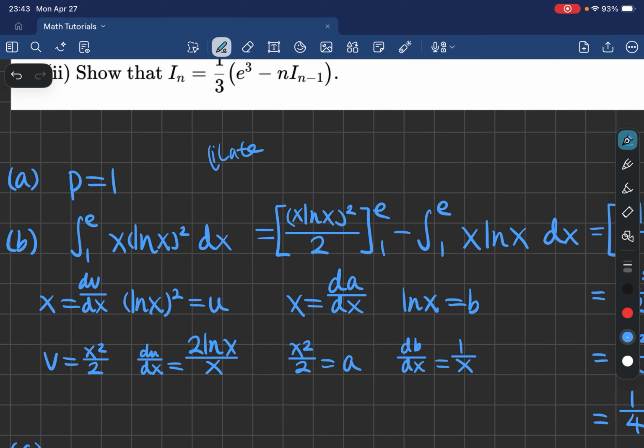This is inverse trig, log, algebraic, trig, and exponential. So here we have ln x and x, so we should set ln x to the power of 2 equal to u, and x is just dv over dx.